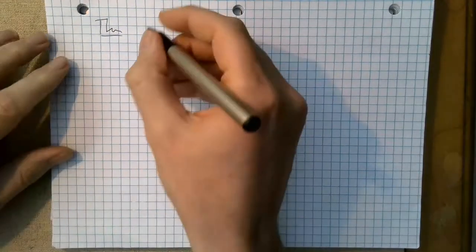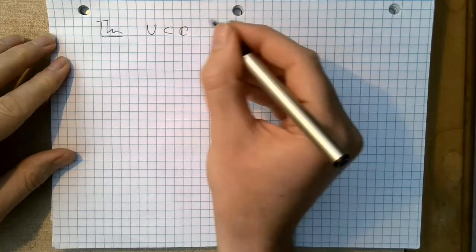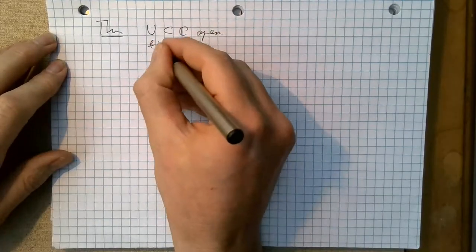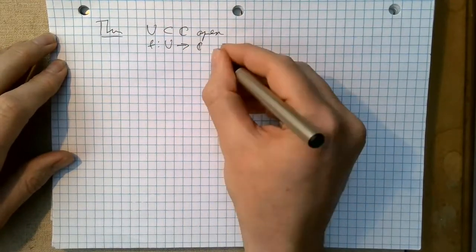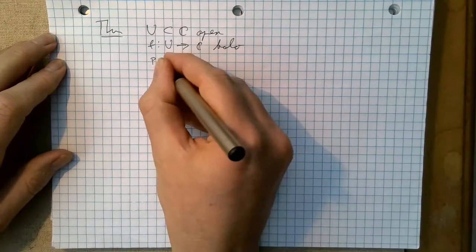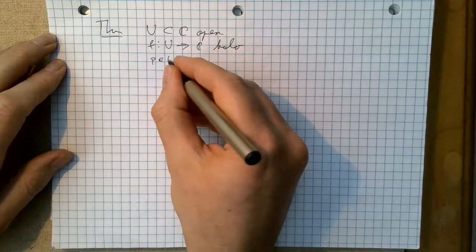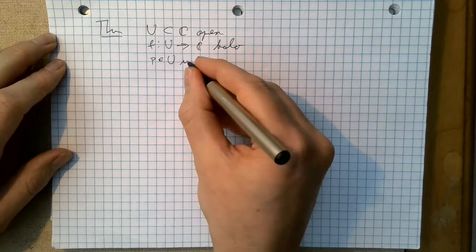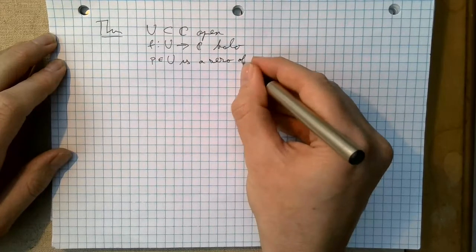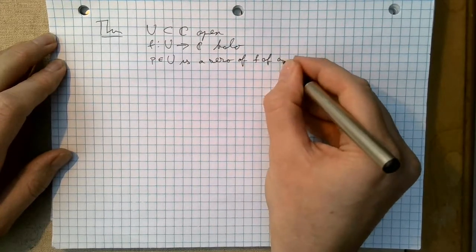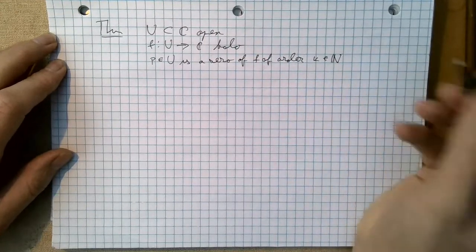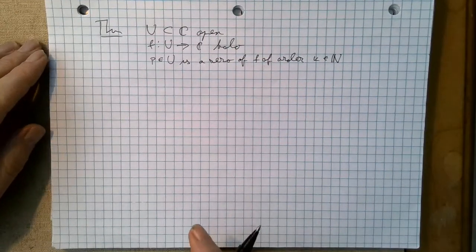So let's suppose that I have an open set, a holomorphic function f, and suppose that p is a 0 of f of order k, some positive integer k, right?